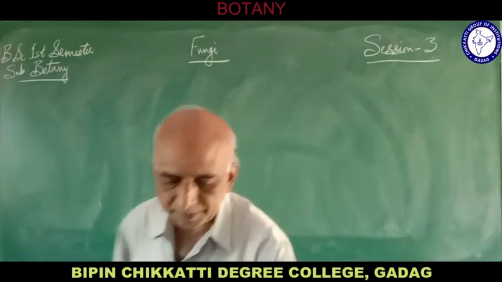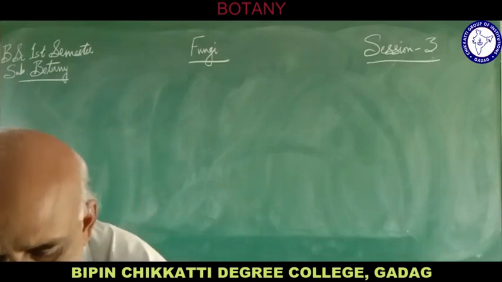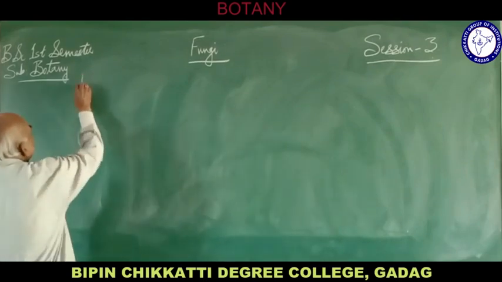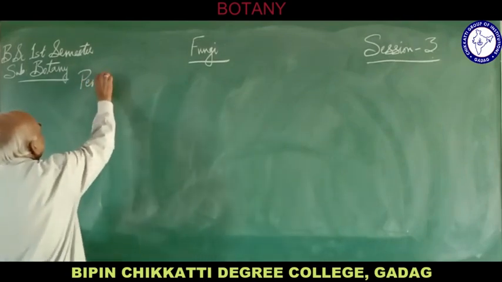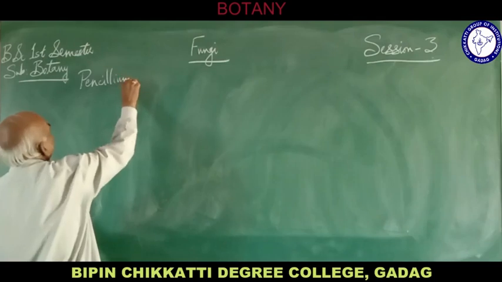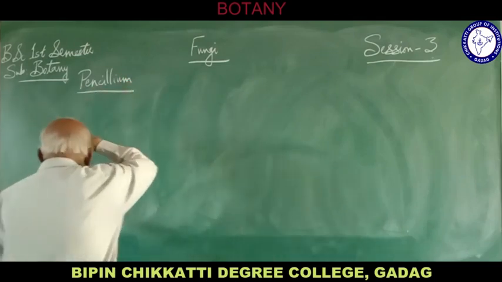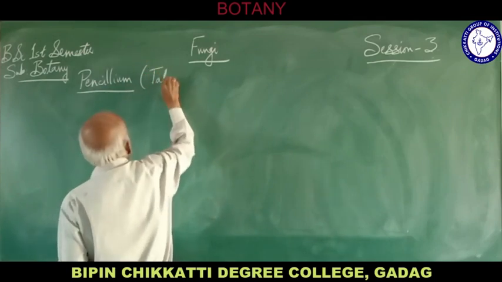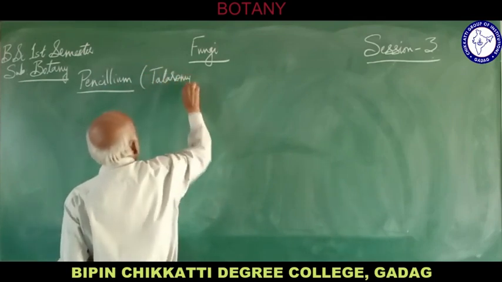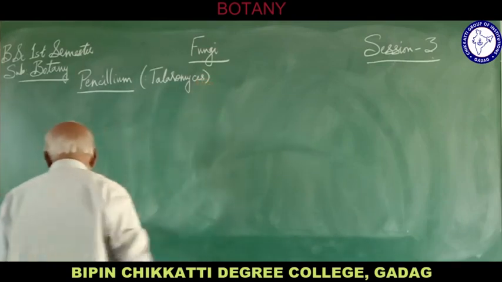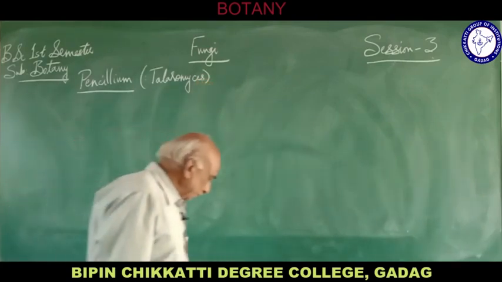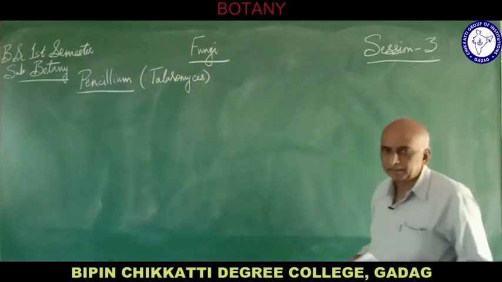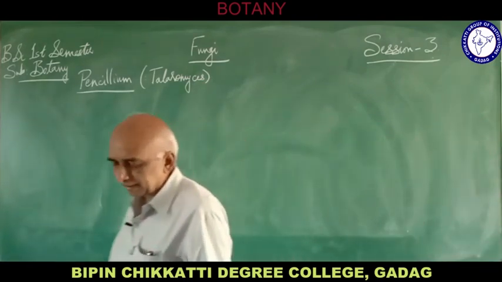So now today we shall study the next example, that is Penicillium. Penicillium is also referred to as Talaromyces, another name for that. So Penicillium notatum and various other species are there.